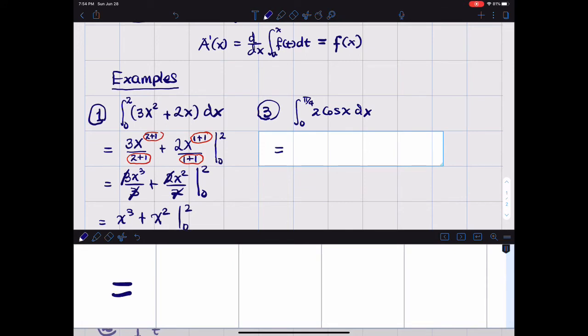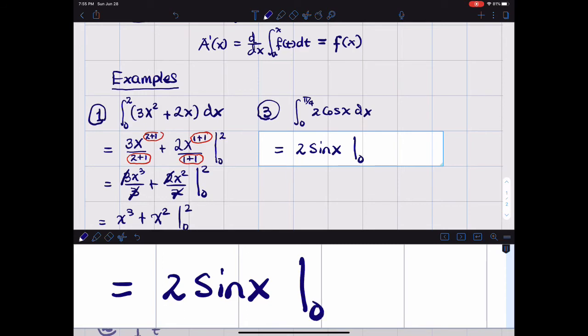You can factor out the 2 if you want to begin with, but we don't have to. The antiderivative of 2 cosine x is 2 sine x, because the derivative of sine x is cosine x.